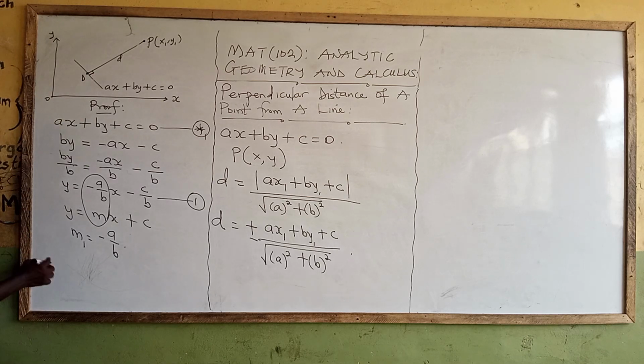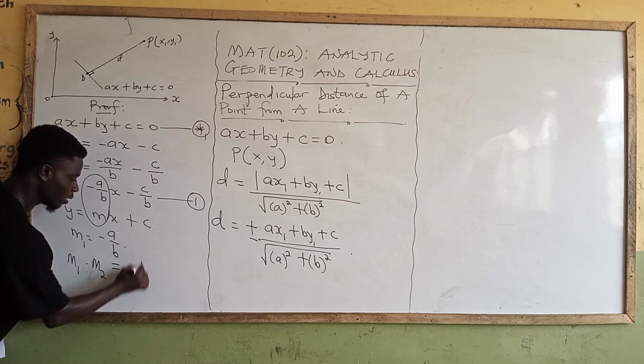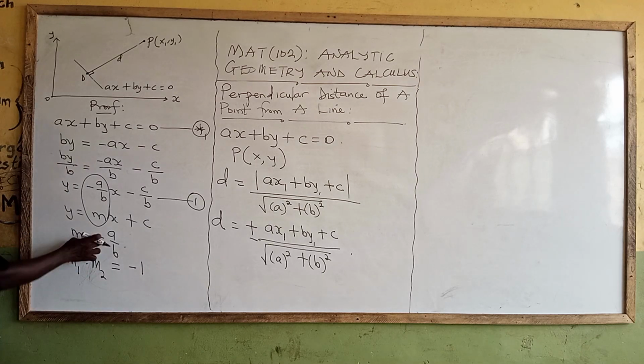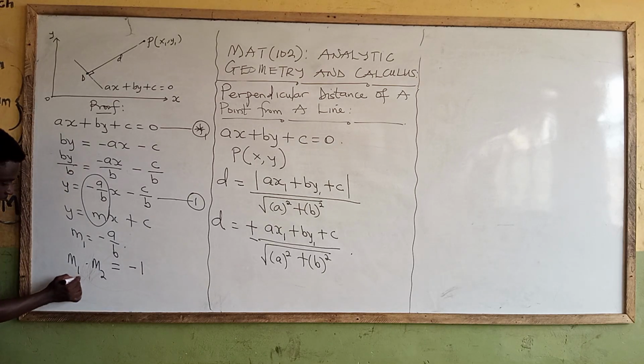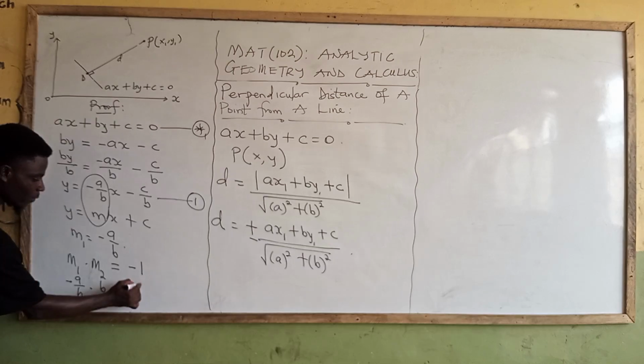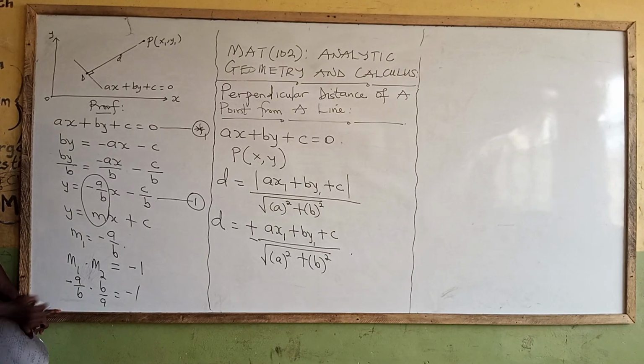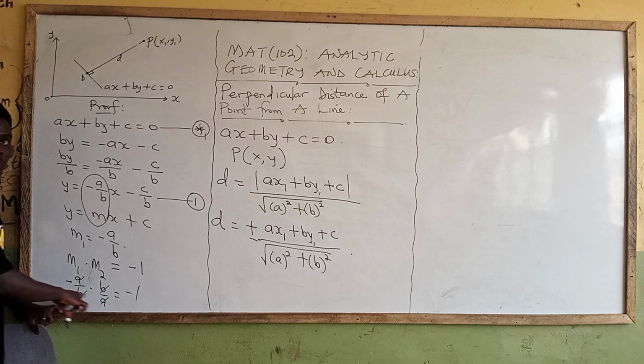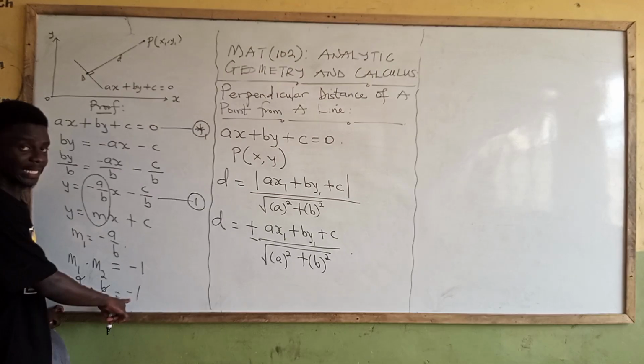And we said that for perpendicular lines, the product of their gradients, m1 times m2, must be equal to negative 1, right? So if I have negative a over b, then definitely I'll get b over a, so this cancels, this cancels, it will produce negative 1. Because when I multiply, I will obtain negative 1.